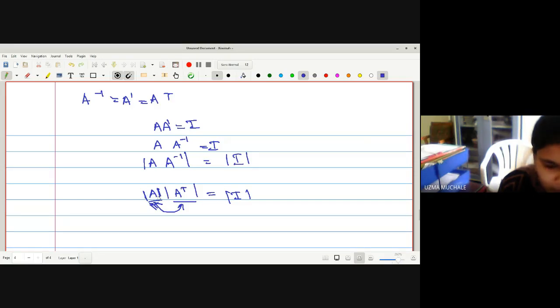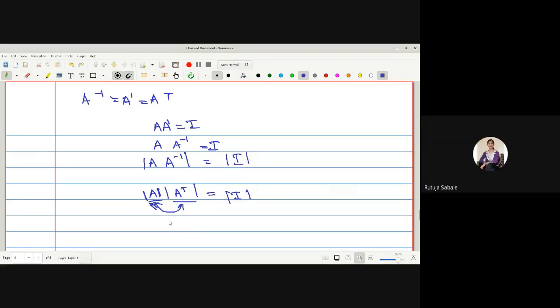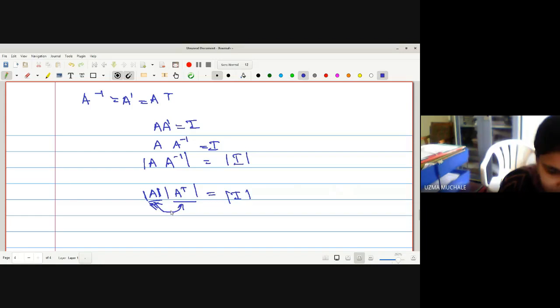What is the value of these two? Determinant of A, determinant of A transpose. Yes, both are same. So can I write this as determinant of A square is equal to determinant of identity matrix.